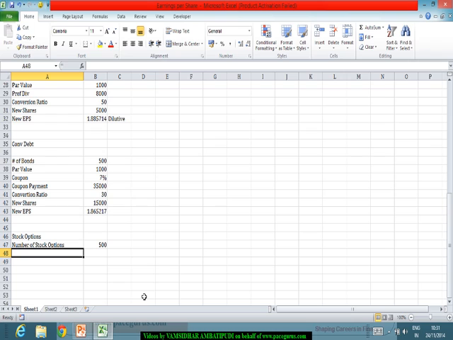And the exercise price, the price at which a share can be purchased, let's say it's around 25 bucks, but the average market price of the share during this year, let me take it as 30 bucks.